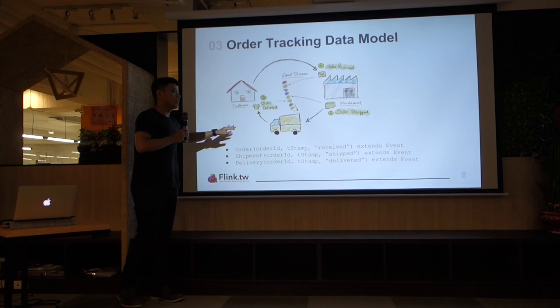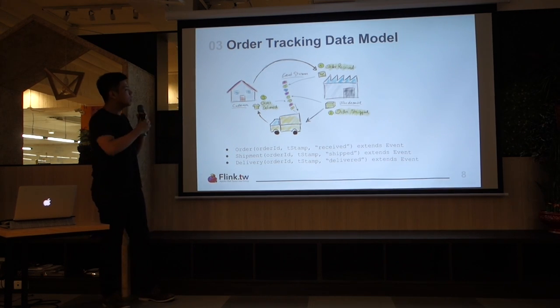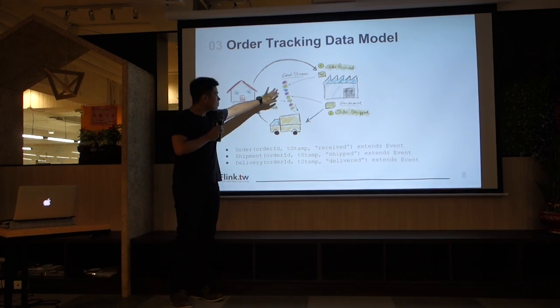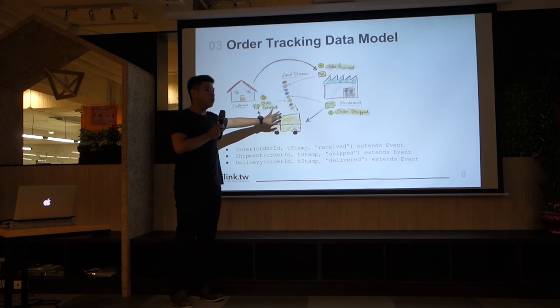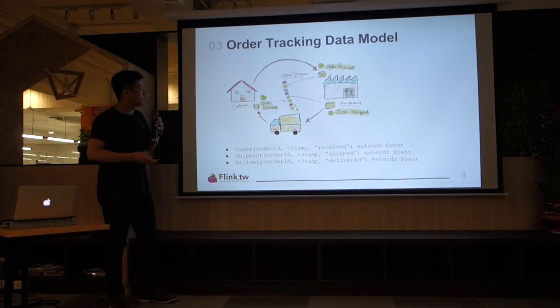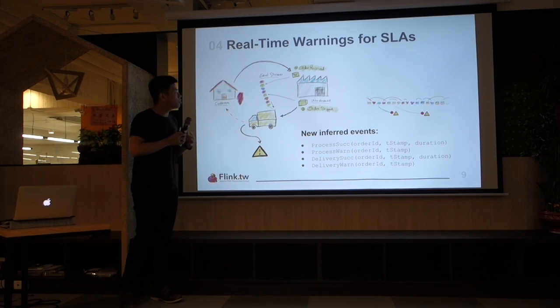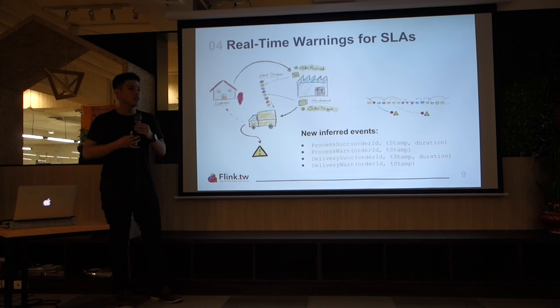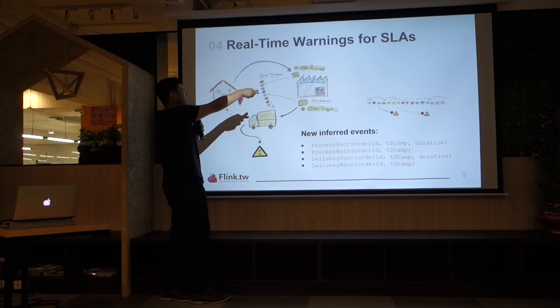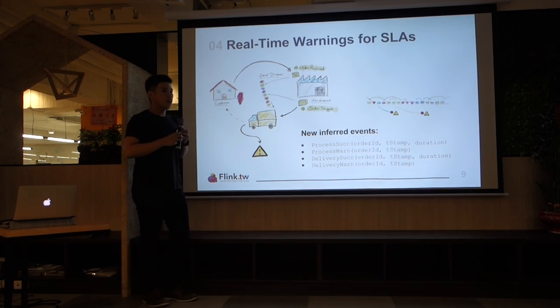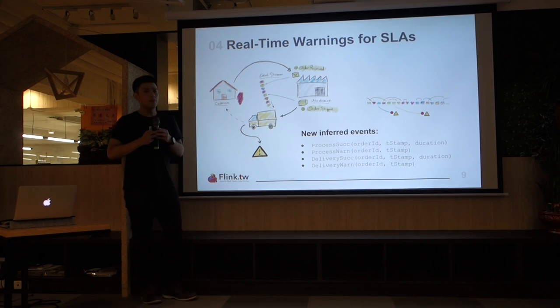This is the data model for this. And you can perform your usual stream SQL, stream aggregation on the stream, but we're not going to cover this tonight. I want to just go to, what if we want to do SLA warnings? Say that we received an order, and then we shipped it, but somehow after a period of time, we still haven't received this.